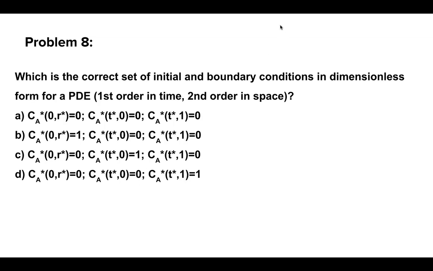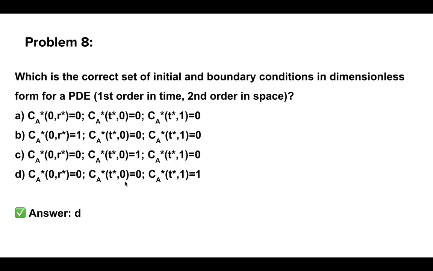What is the correct set of initial and boundary conditions in a dimensionless form of a PDE that is first order in time and second order in space? The answer is option D. At time t equals 0, at any position, we had concentration to be 0.